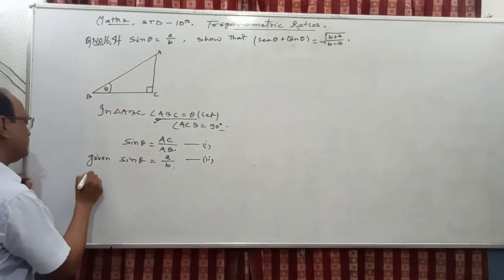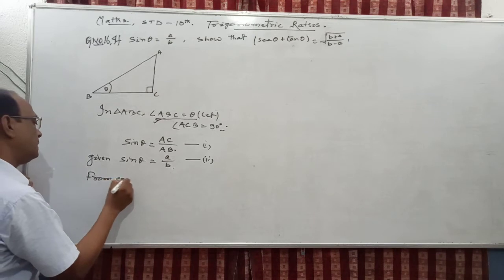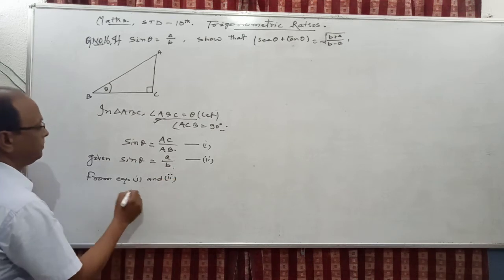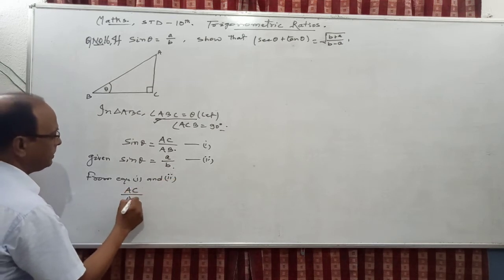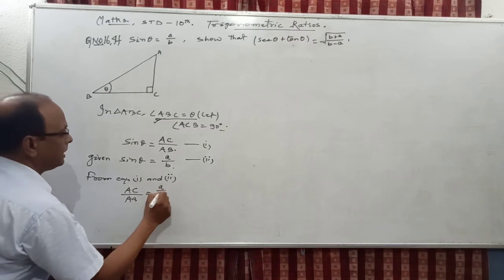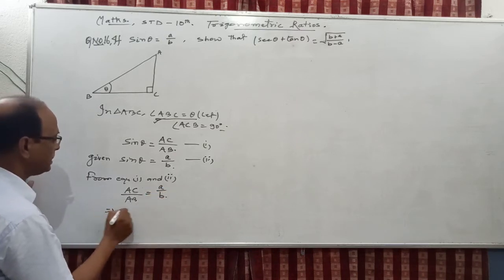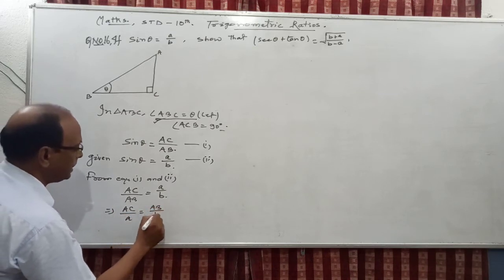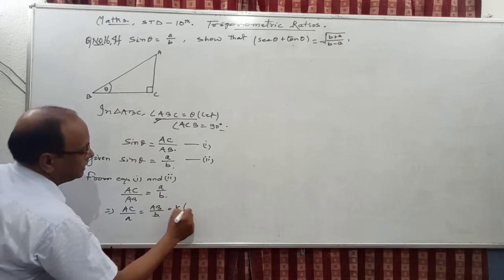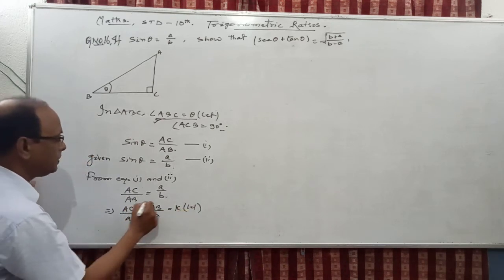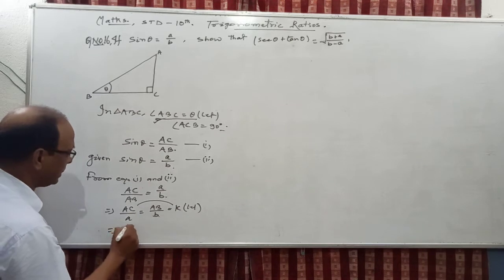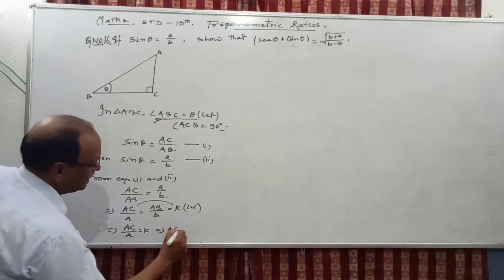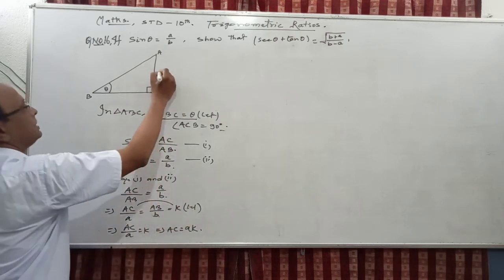From equations first and second, AC upon AB is equal to A by B, and we write here AC upon A is equal to AB upon B, and we take a constant K. So equate this with K. AC upon A is equal to K, so AC is equal to AK.